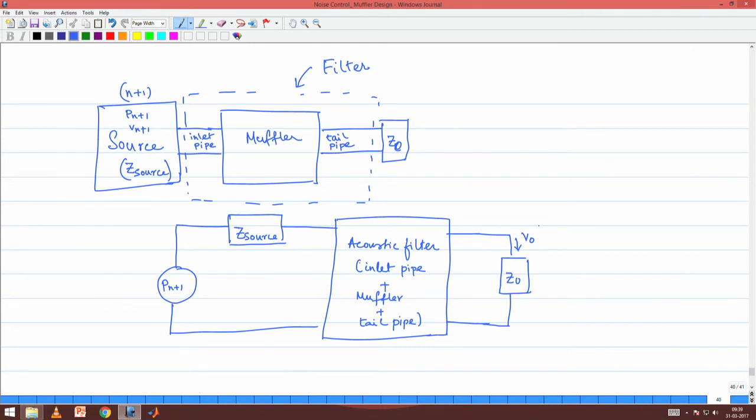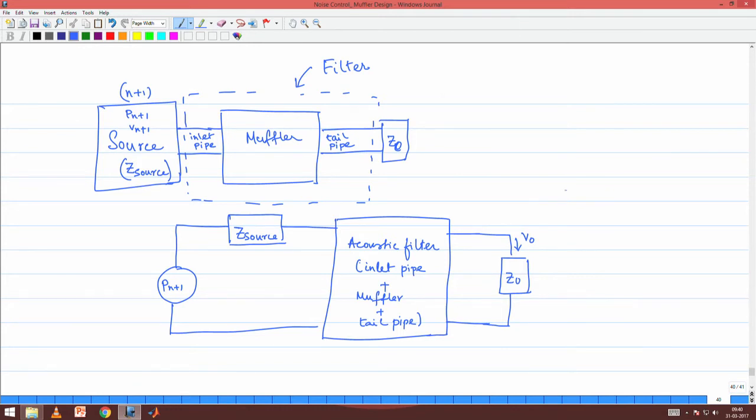So, if V0 is minimized, only then you will achieve minimal sound power transmission in the outlet of the tailpipe, right. So, this is a better way of benchmarking a muffler.